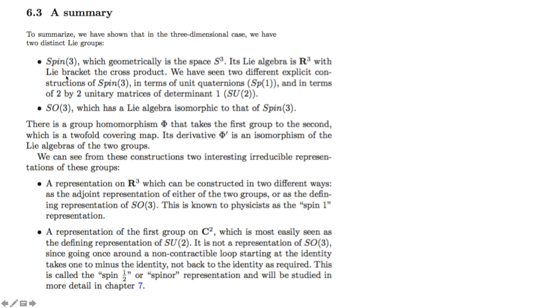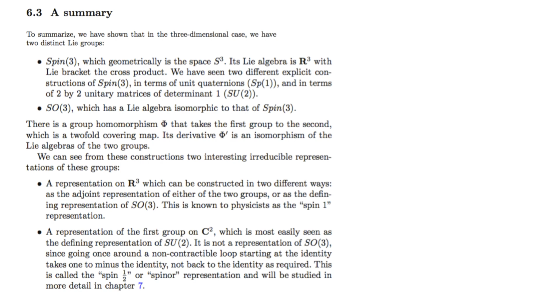Firstly, Spin(3) is topologically the same as S3, although this is not the focus today. We have two explicit constructions of the Spin(3) group, namely the Lie group SP1 and the Lie group SU2. We have shown that these two groups, SP1 and SU2, are isomorphic to each other by identifying the i, j, k components with the Pauli matrices.